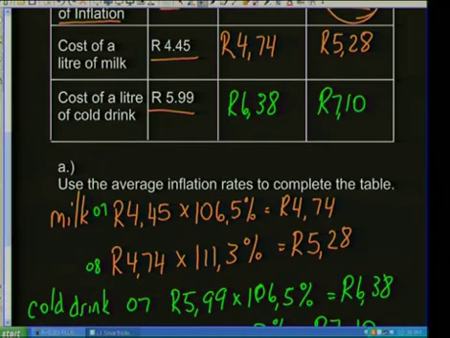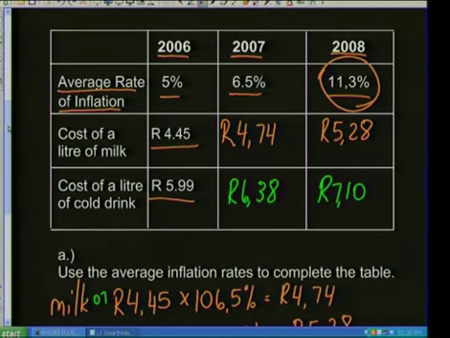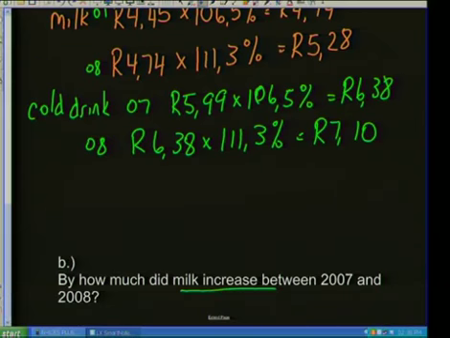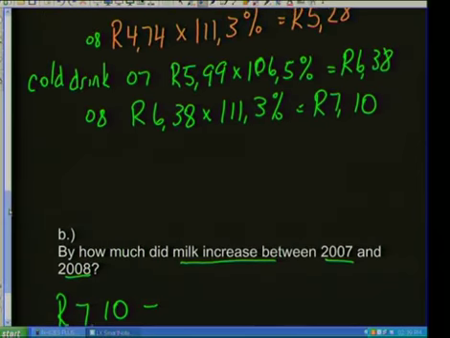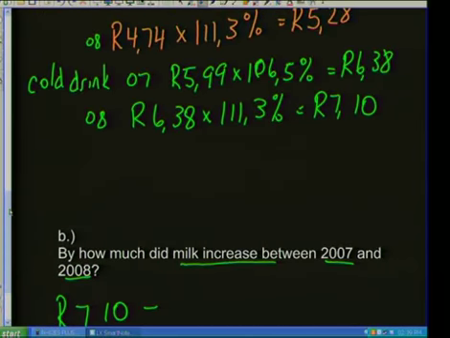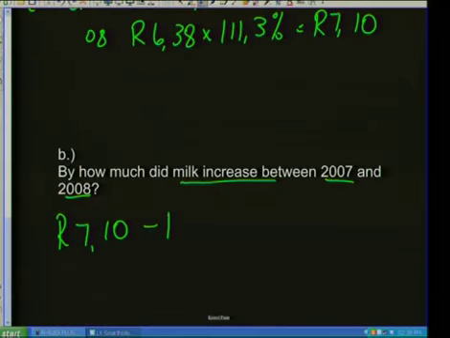Perfect. Have we answered the question? It says use the average inflation rate to complete the table. So we have done that. So remember, year by year. That's what we need to do. By how much did milk increase between 2007 and 2008? Well, clearly we take our 2008 value of R7.10 and we're going to minus our 2007 value, which was R6.38.